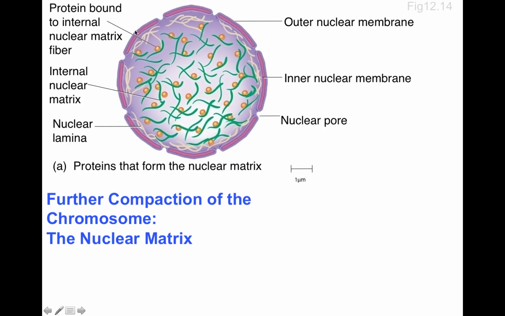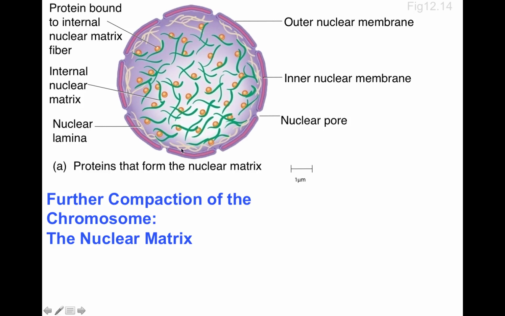Okay. In the nucleus of a cell, there are a lot of structures that are important to maintain the structural integrity of the genome. Remember that a nucleus has a double membrane structure. It has nuclear pores.